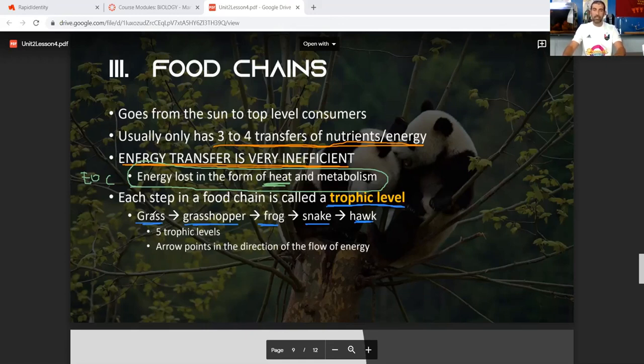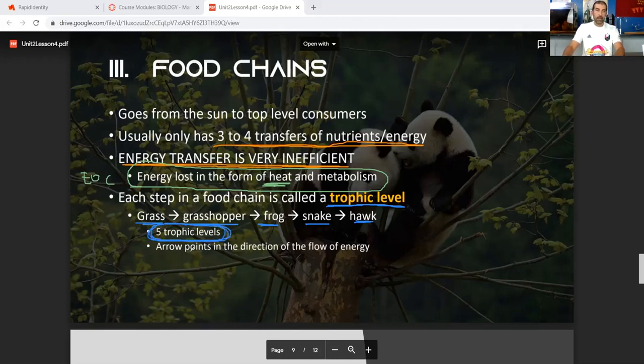Basically, grass is eaten by a grasshopper, the grasshopper is eaten by a frog, the frog is eaten by a snake, and every time, the consumer gains that organism's energy. Since there are 5 levels, there would be 5 trophic levels. Each one of these organisms represents a trophic level.